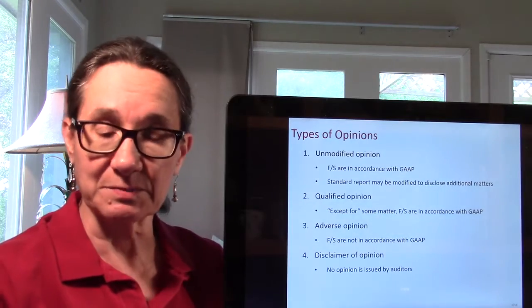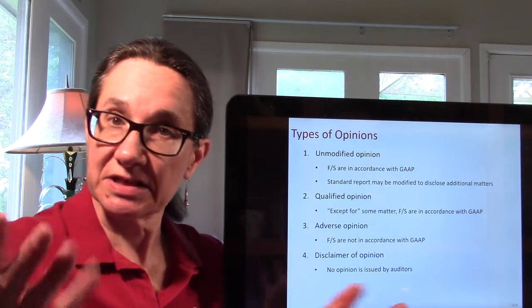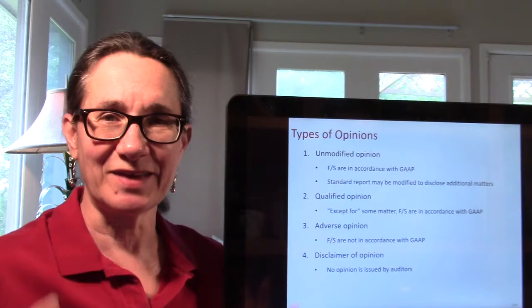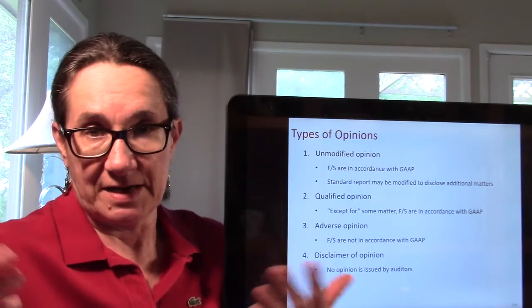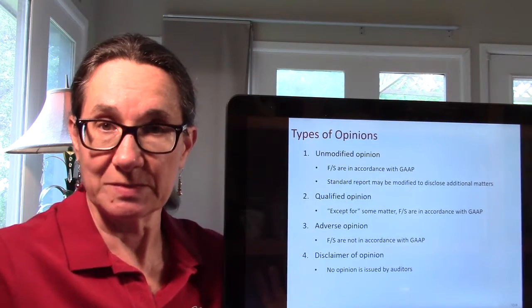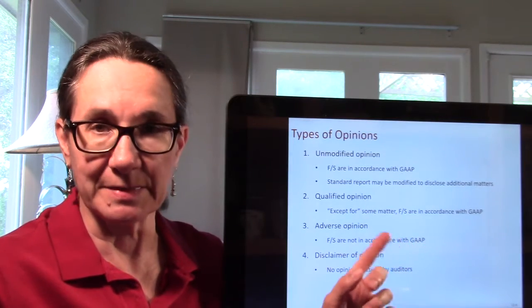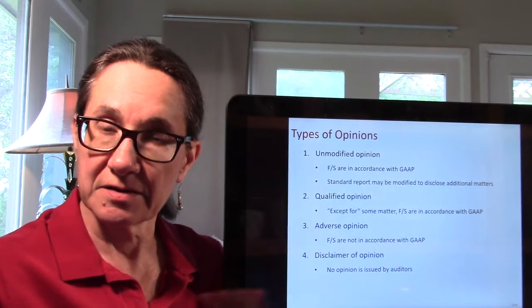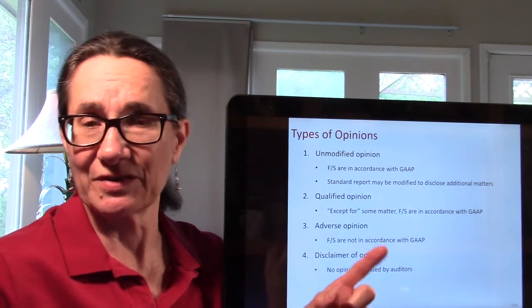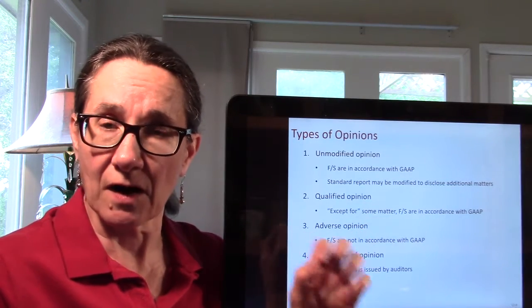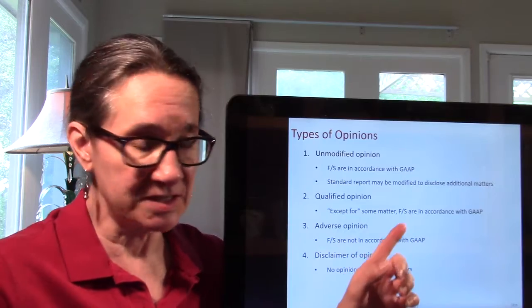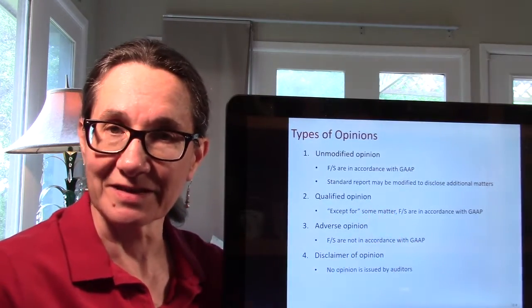An adverse opinion is something, interestingly, you will never see because you can't file financial statements that contain material misstatements. An adverse opinion means you, the auditor, decided these financial statements are not fairly presented. There are material misstatements, and not just one little exception like in a qualified opinion.